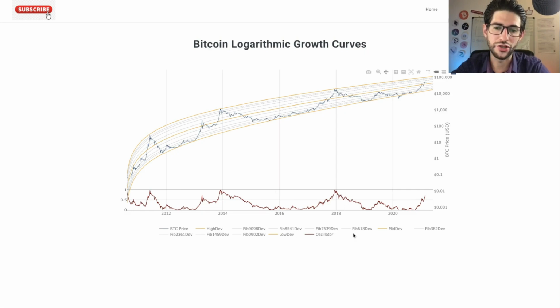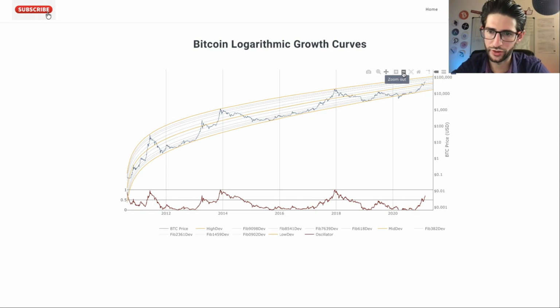And using the Fibonacci numbers and extensions, you will have this middle line that when we are over this, we are already officially in a bull market. And these Fibonacci extensions also will show you how each market is longer and longer in time. So this will also say that not all cycles will be of a 4-year cycle.